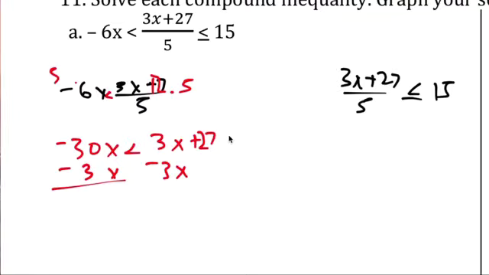Times, that's 30, negative 30, add 27, minus 3x. I must have done something wrong.